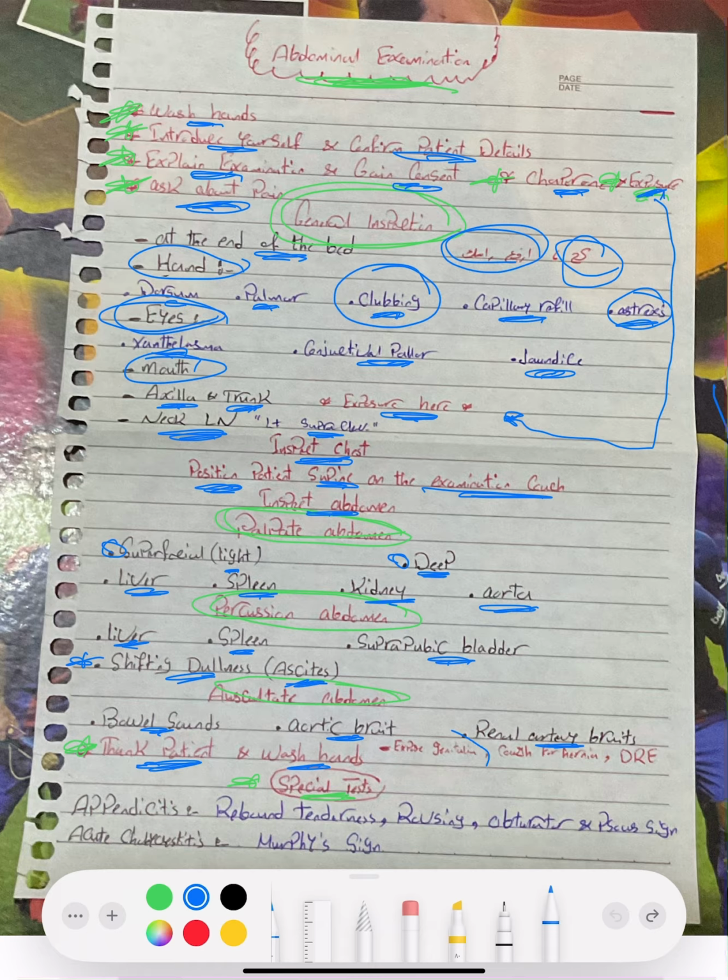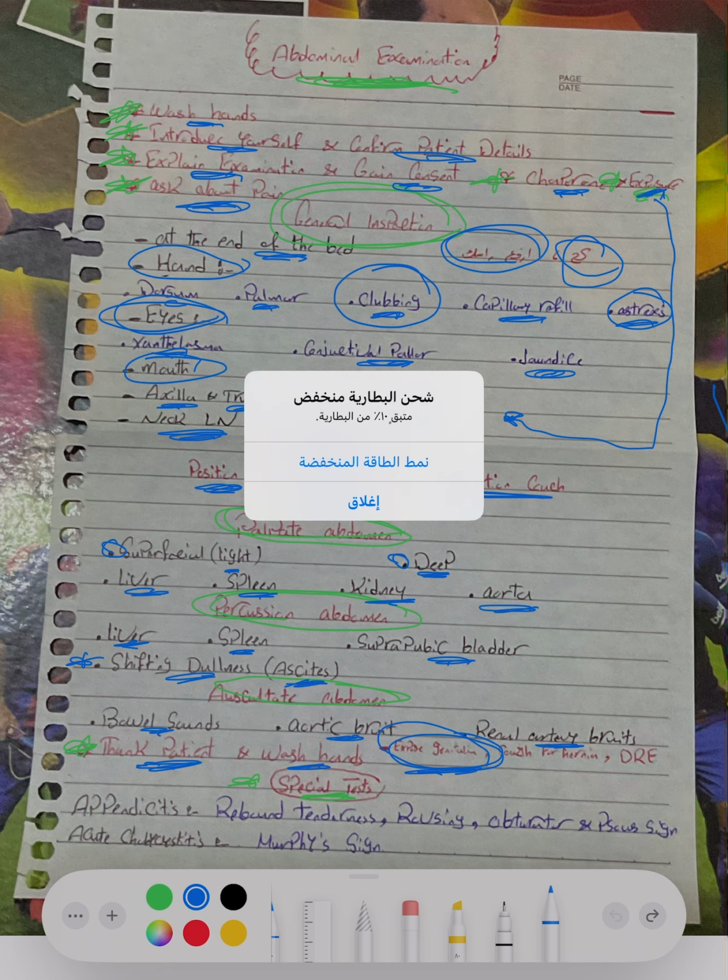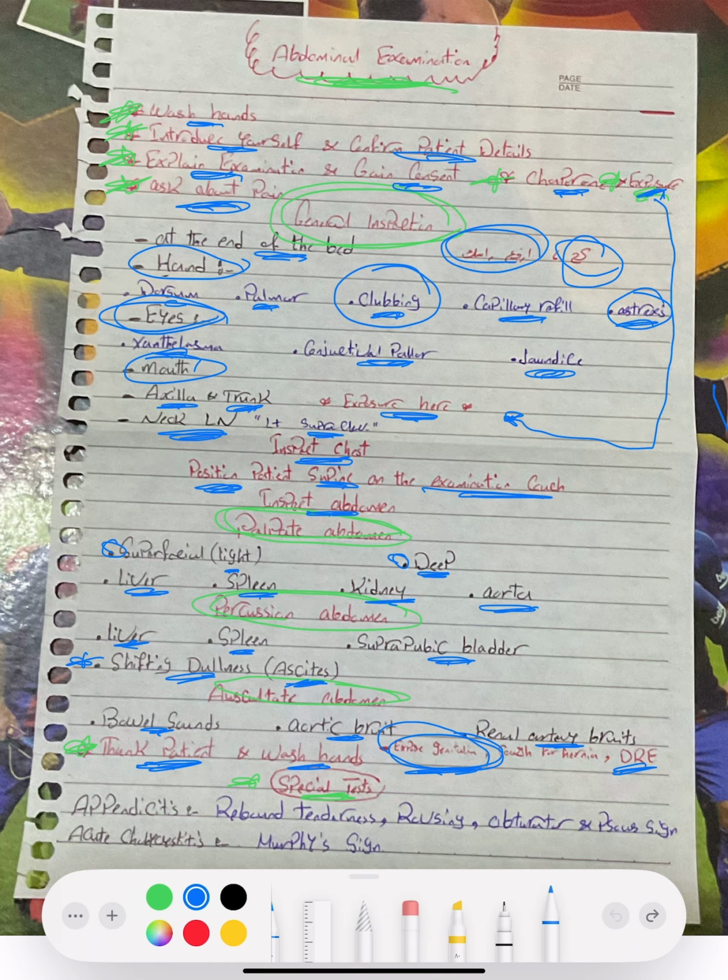And take care to mention that you would like to examine the genitalia and do a digital rectal examination, okay? And after that, in the abdominal examination, we have to do some special tests related to the case of appendicitis and the case of acute cholecystitis.